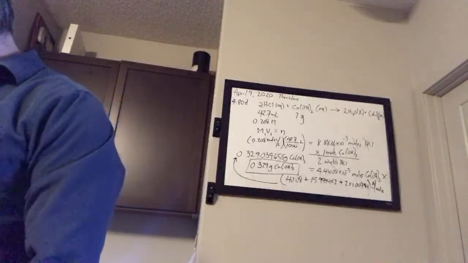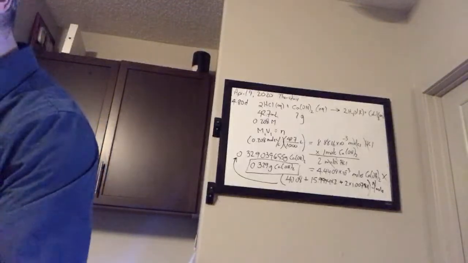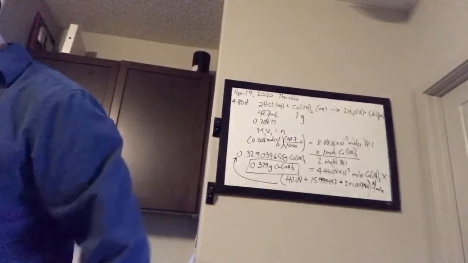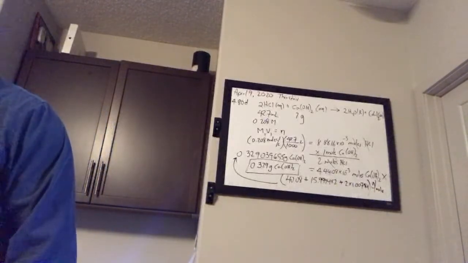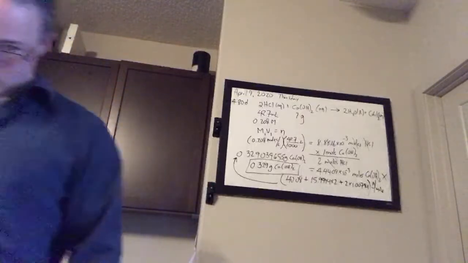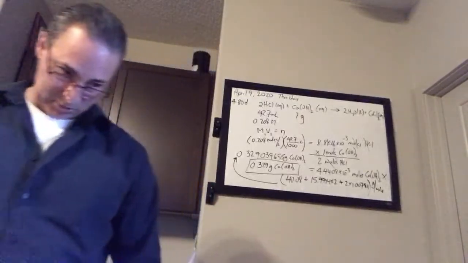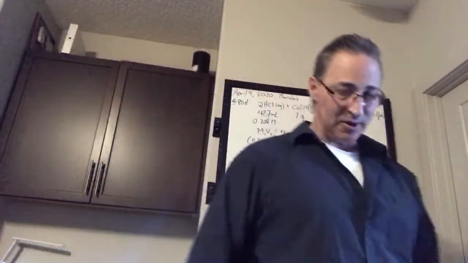Number 4.96, it says, use table 4.5 to predict which of the following ions can be reduced to their metal forms by reacting with zinc, and it gives you a bunch of ions that you can test. Well, that's a single displacement type reaction. So whenever you have a single displacement reaction, you need to remember your activity series.